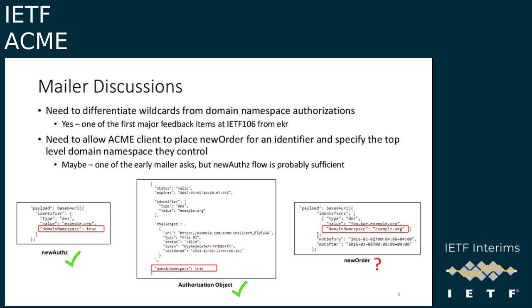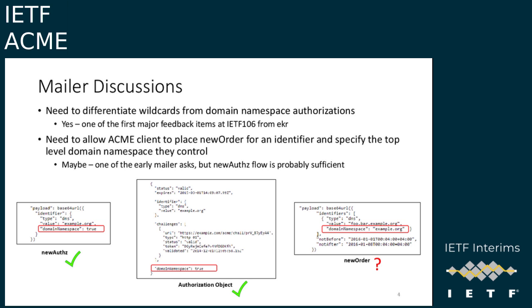So what I'm showing here is the three changes that are documented in the latest version of the subdomains draft. One is to specify for a new pre-authorization request that it is explicitly for an authorization for the full domain namespace. Second is the change to the authorization object to differentiate between a wildcard authorization and a domain namespace authorization.